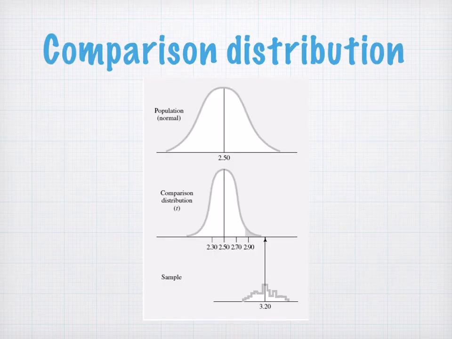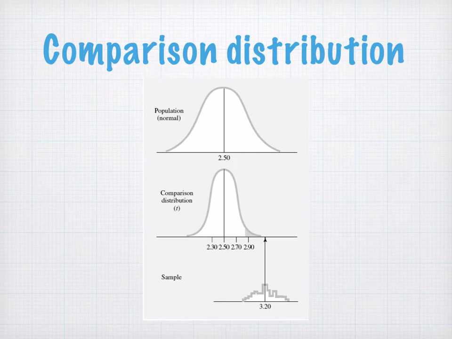The comparison distribution, this is a nice little graph that I like to show because it shows the relationship between the population, the comparison distribution, and the sample. So our population is normal. Our population is not necessarily a t-distribution because it's not a sample of t's, it's a sample of people. In a t-test, we're assuming that our population is normal.